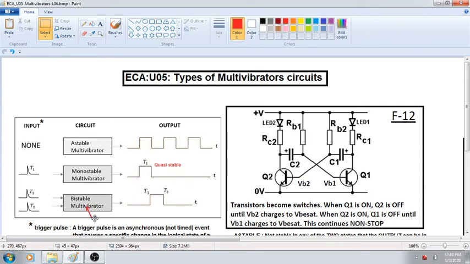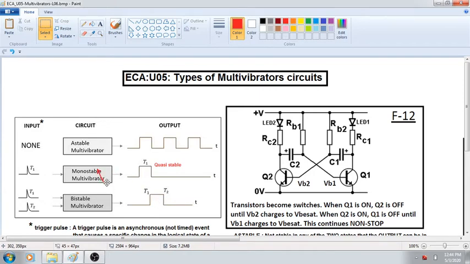Now what about bistable? Now bistable is the third difference. In the bistable state also there are two different states. Assuming that initially the bistable multivibrator output is at the low level, this first state, we want it to go to the other state.